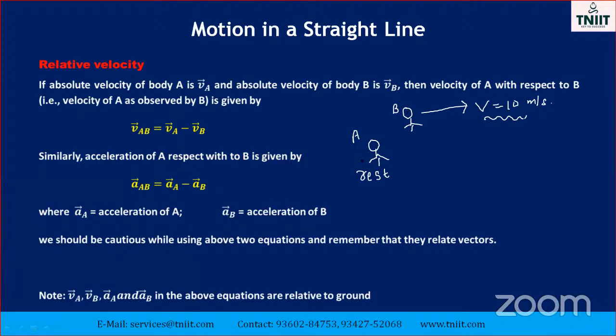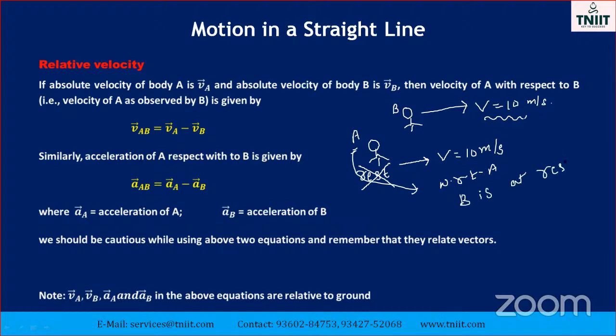Now suppose this body A is not at rest, but is also moving with velocity 10 meters per second. Then observer A feels that body B is at rest. With respect to body A, B is at rest.